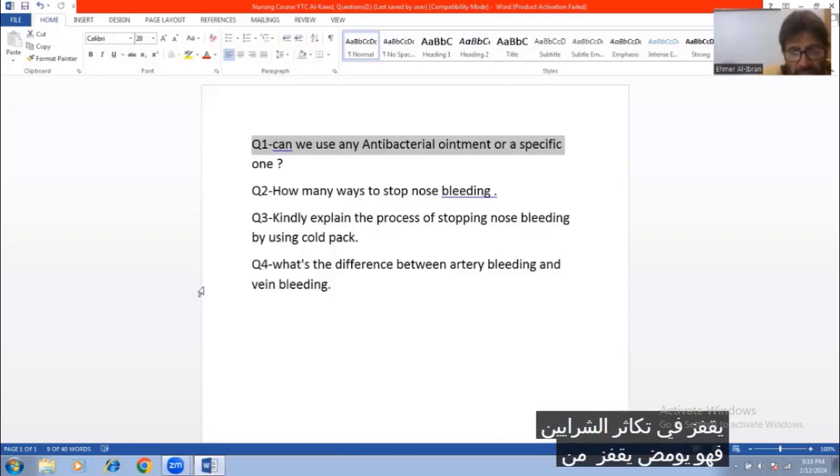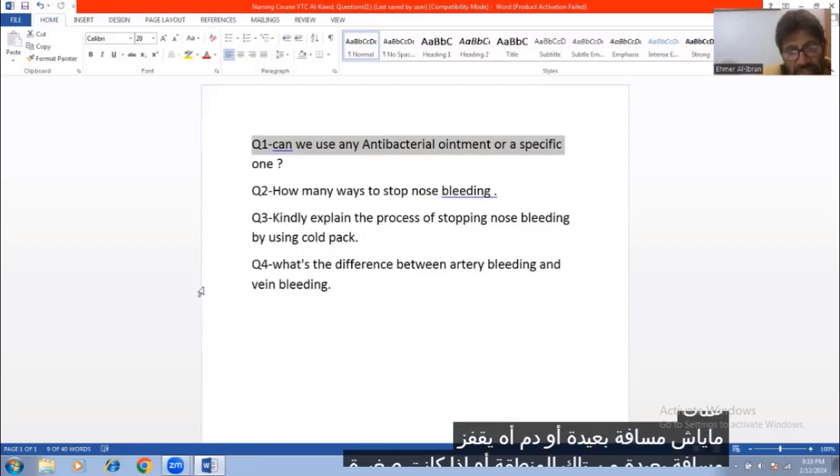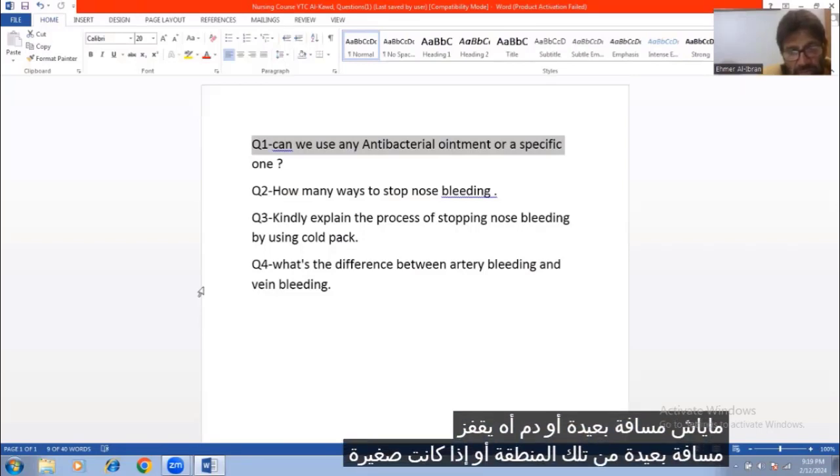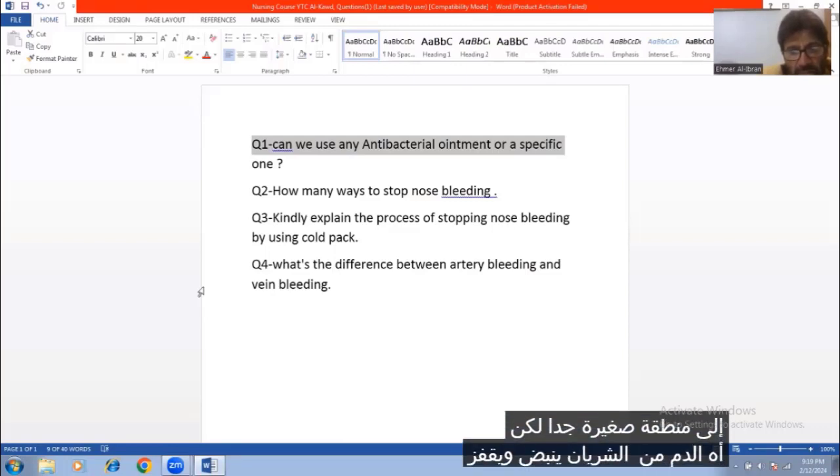It jumps from the bleeding area, for a smaller distance or a larger one, depending upon the diameter of the artery. With larger arteries, the blood may splash a far distance, or for a small one, a very little distance. But the blood from the artery spurts.